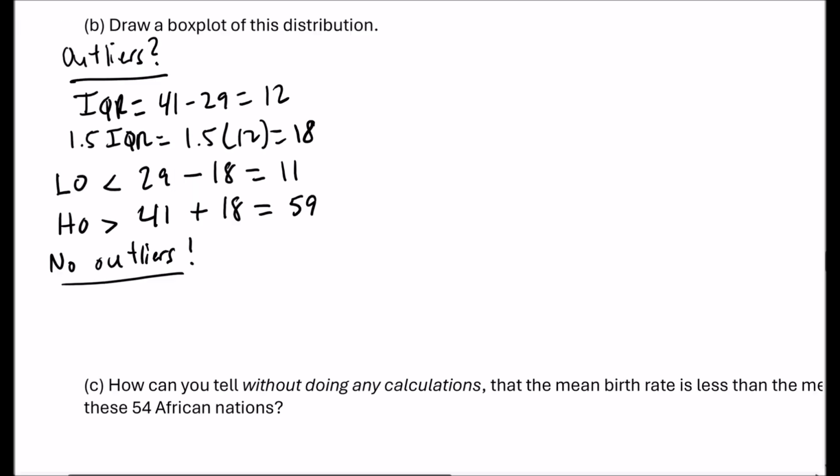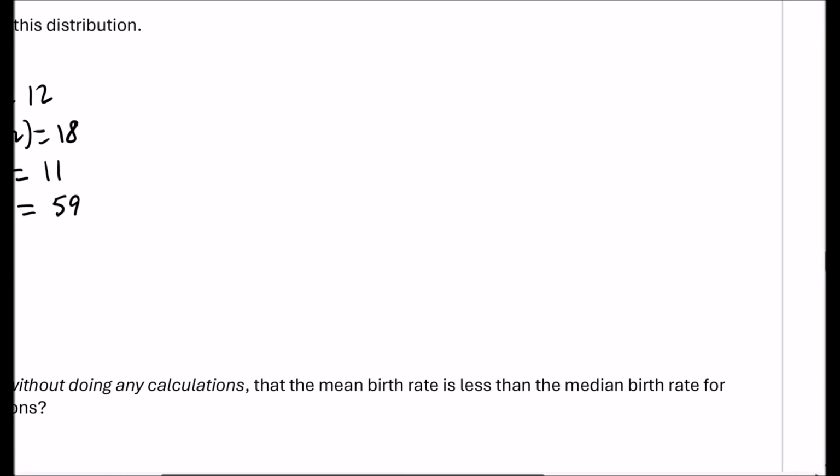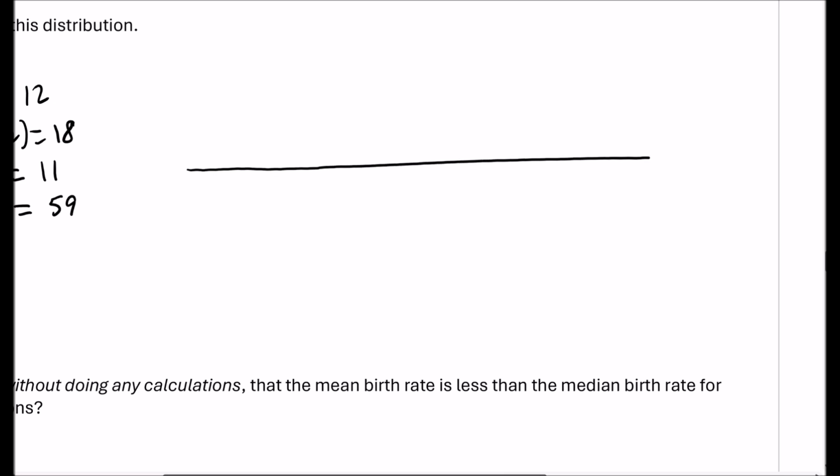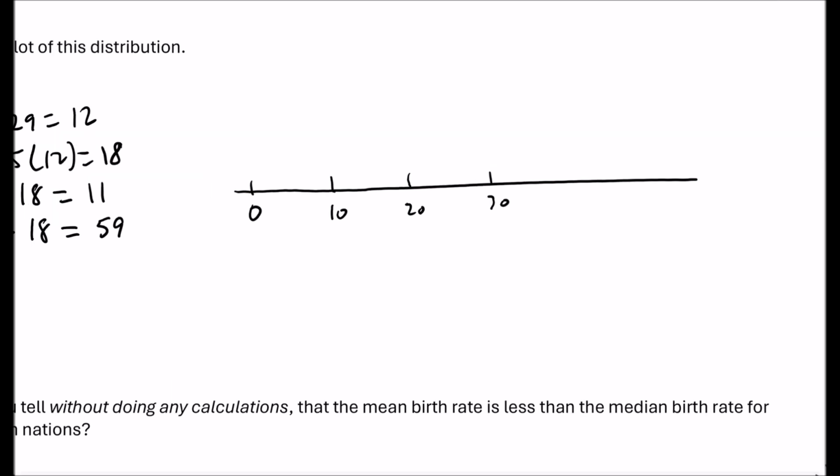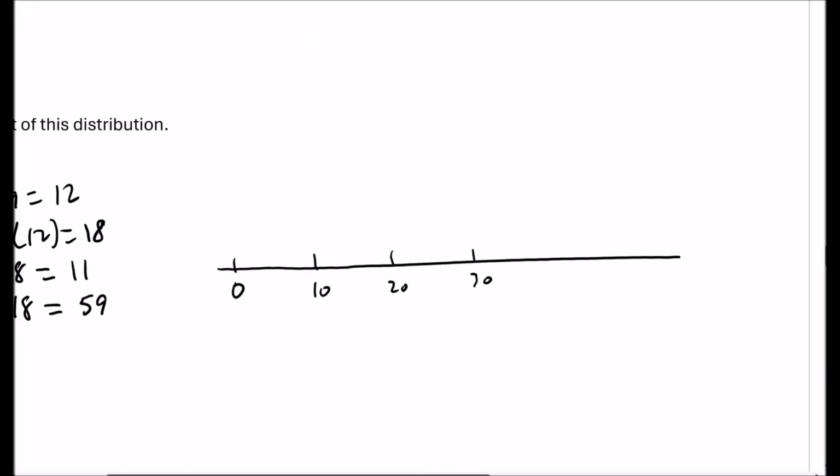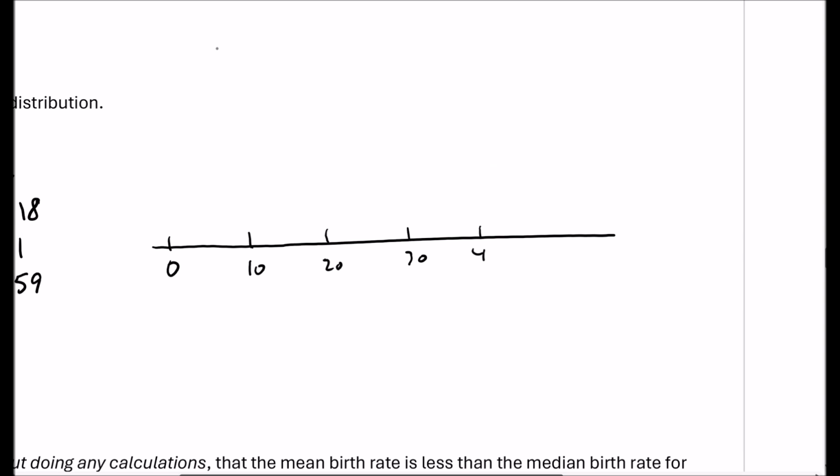All right, so now we can proceed with the box plot. Starting at 0, we can go by tens, because the highest is 53 and the smallest is around 14. This is the birth rate per 1,000 population.